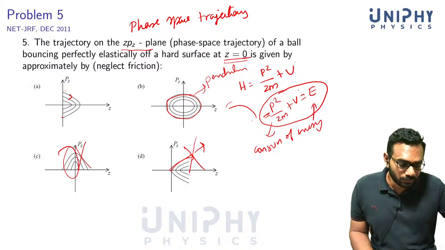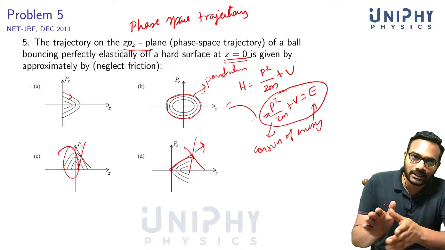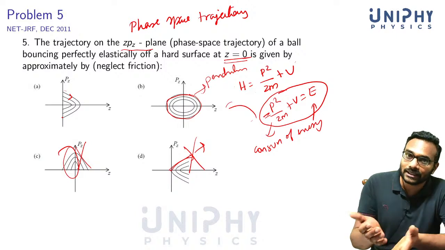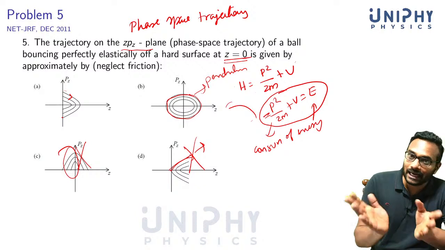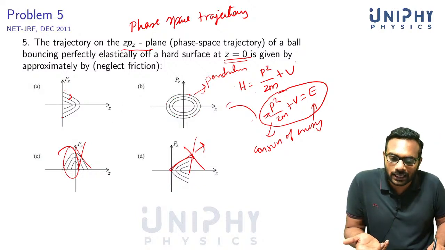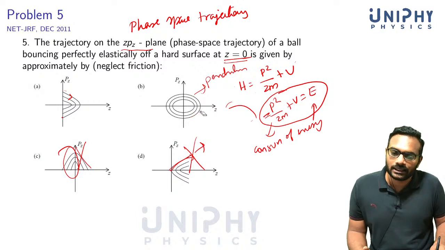So remember this: for a one-dimensional system, the conservation of energy directly gives you the trajectory of the particle in phase space, or the phase space portrait. Why? Because the constant energy surface is a line, and the trajectory is also a line, and the particle, if it has a constant energy, cannot escape this line because the energy does not change.